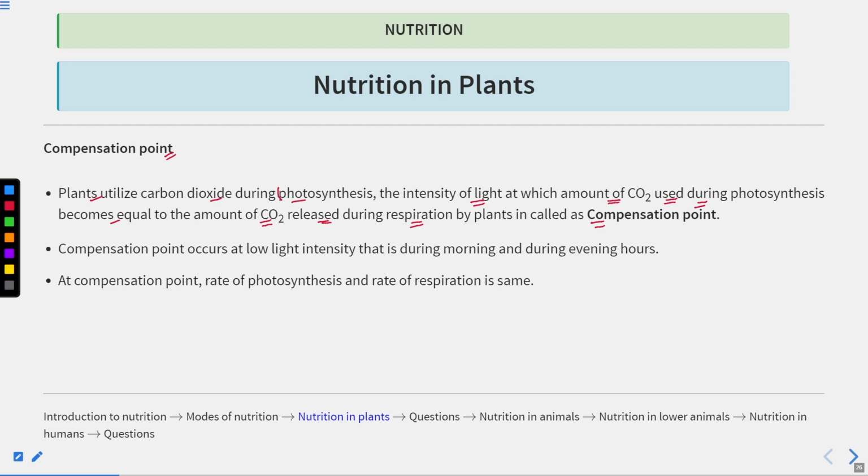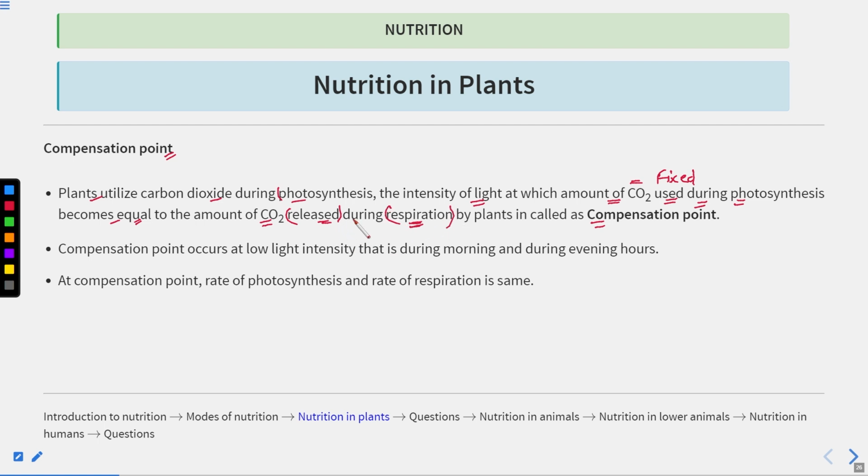The light intensity at which the carbon dioxide which is fixed or assimilated during photosynthesis becomes equal to the carbon dioxide released. During respiration, carbon dioxide is released and oxygen is used up. So the amount of carbon dioxide used during photosynthesis is equal to the amount of carbon dioxide released during respiration.